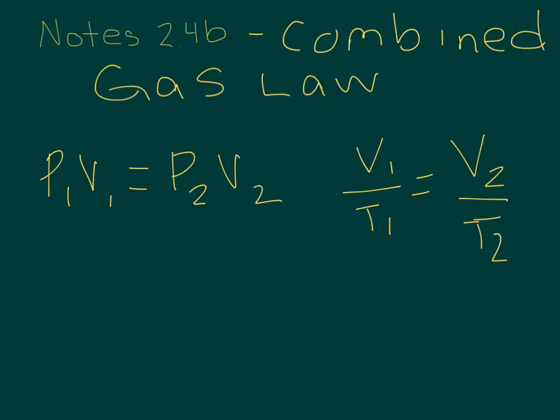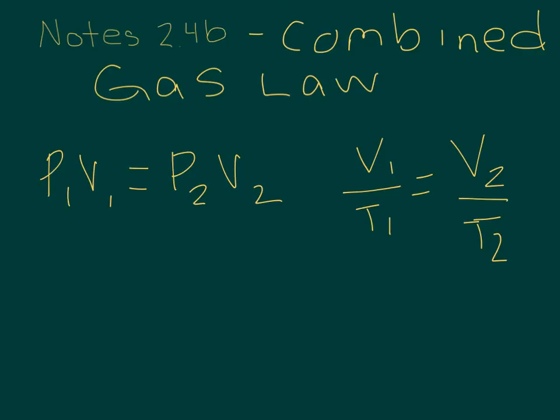What if we are dealing with a situation where the pressure, volume, and temperature are all changing? For those situations, we have something known as the combined gas law. The combined gas law is, as the name implies, a combination of two gas laws: Boyle's law and Charles' law.